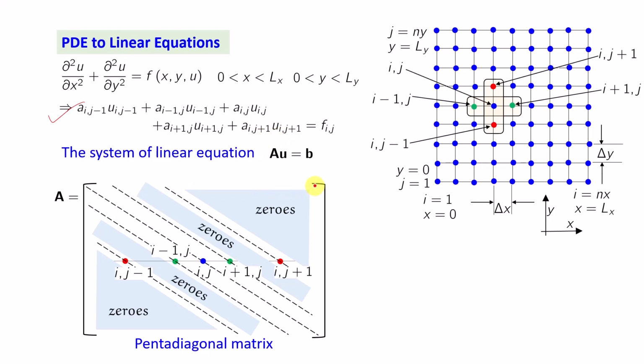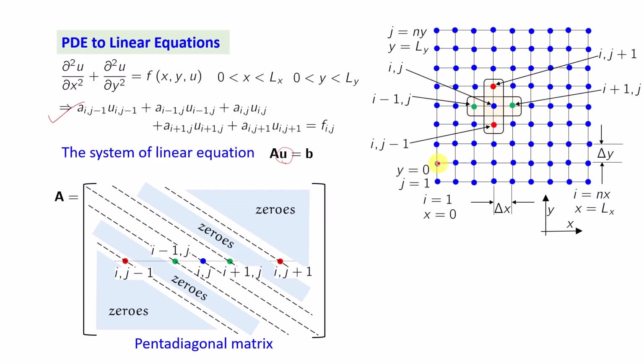Now, what are my total unknowns? This u vector is my unknown vector. My unknowns start from here, although I didn't write the boundary condition yet, but we will write it. Our unknown starts from here. This is unknown 1, unknown 2, unknown 3, unknown 4, etc., up to unknown nx.